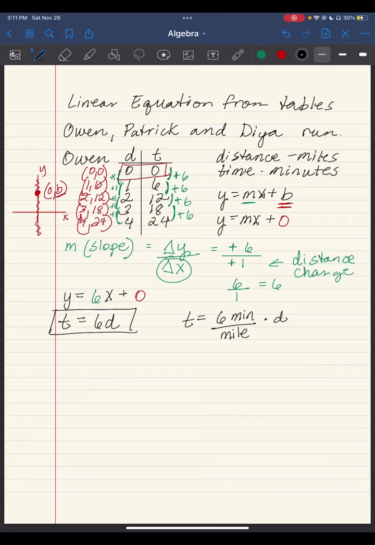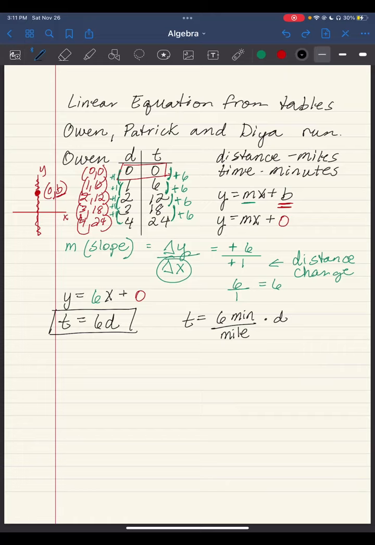So that's in distance. So distance will cancel with distance like this. When you multiply those two things together, like this distance is in miles, it cancels with miles, and then you'll be left with a time. But it's not going to just be time. It's not going to be just 6. It's going to be 6 times whatever the distance is.